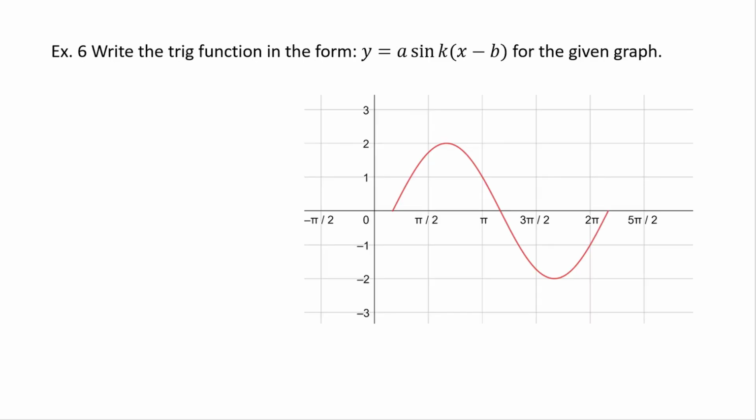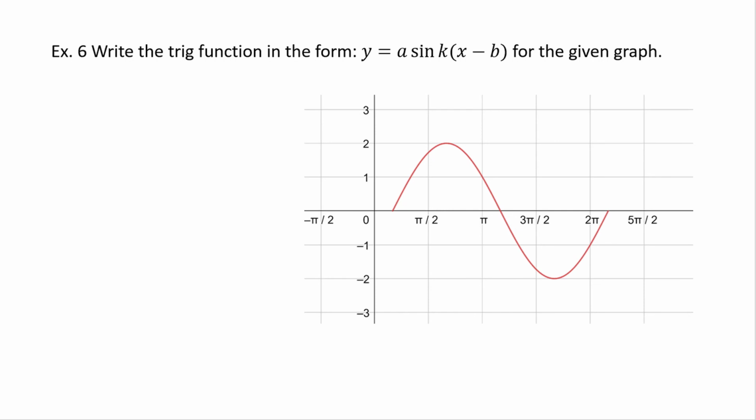Write the trig function in the form y equals a times sine k of the quantity x minus b for the given graph. The graph that we have is a sine curve. It looks like it's shifted to the right, midway between 0 and pi over 2, so that would be pi over 4.